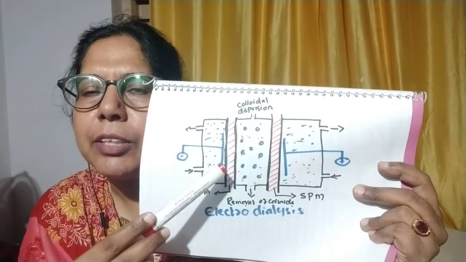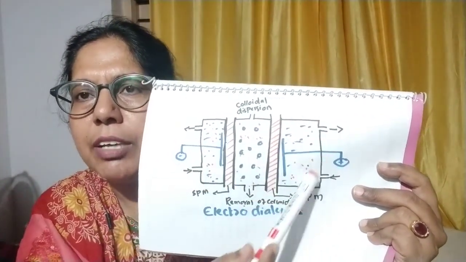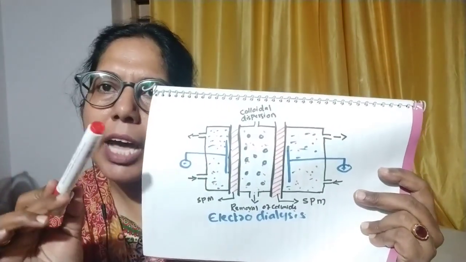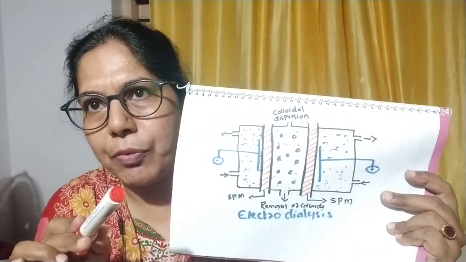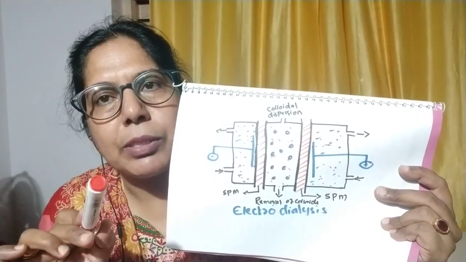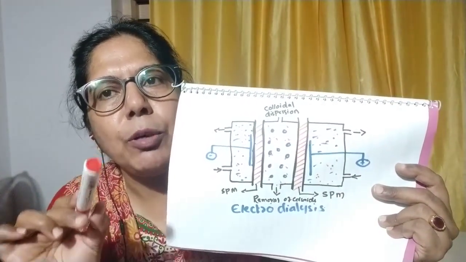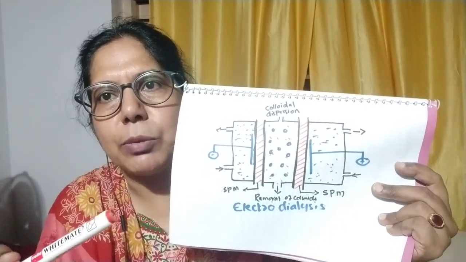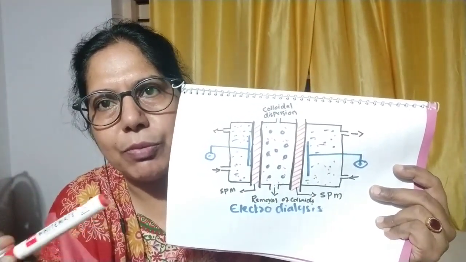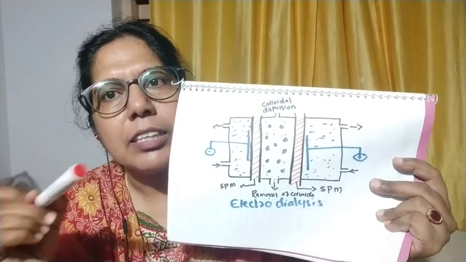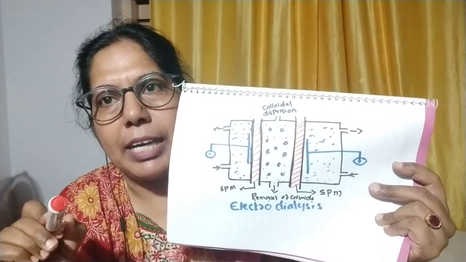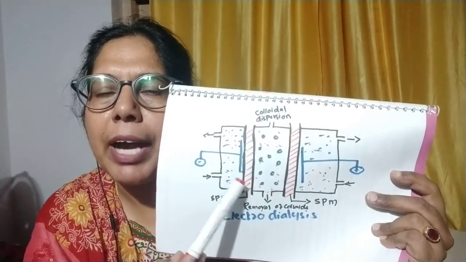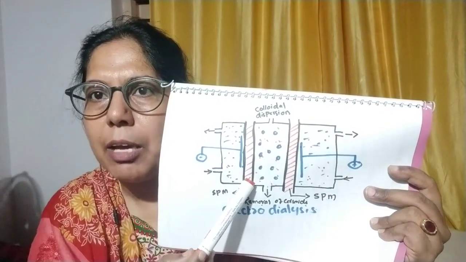But the disadvantage of the electrodialysis process is that only the ionic molecules can be purified, not the molecules. If you remember, at the beginning I told you purification means we are purifying ions as well as molecules. Molecules means glucose, sucrose, which we add in the preparation of lyophobic colloids, and those can't be purified through the electrodialysis process.